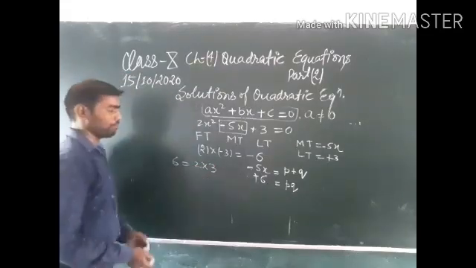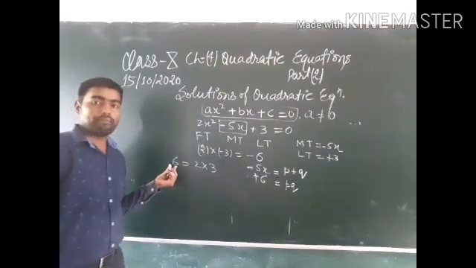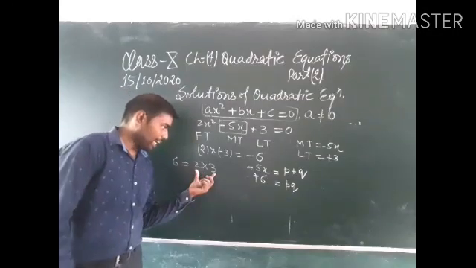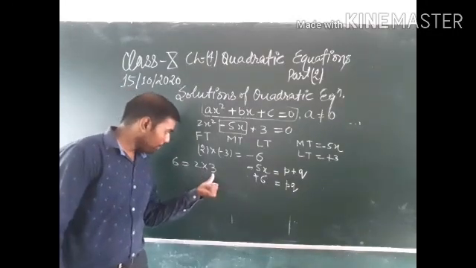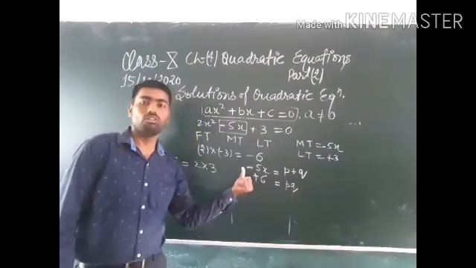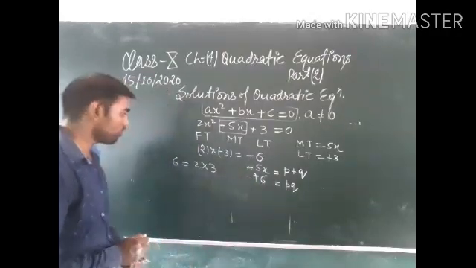Here 6 can be written as 2 into 3, and when we add 2 plus 3 we get 5.